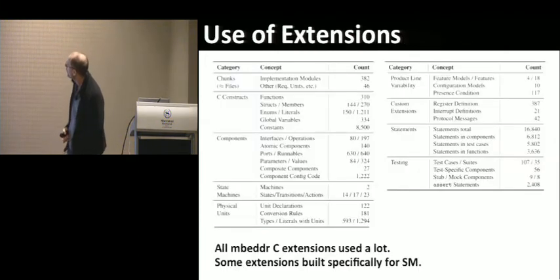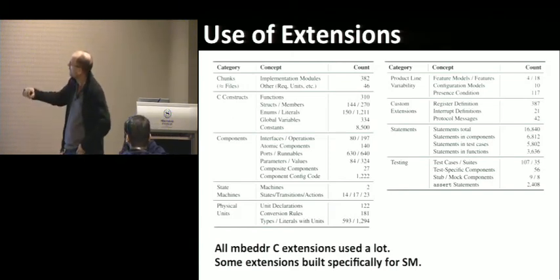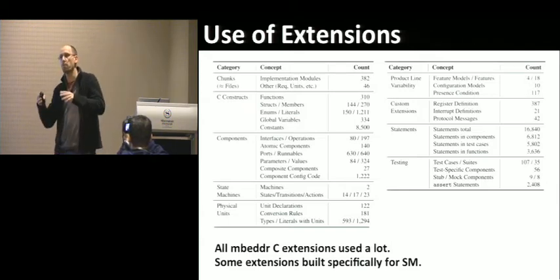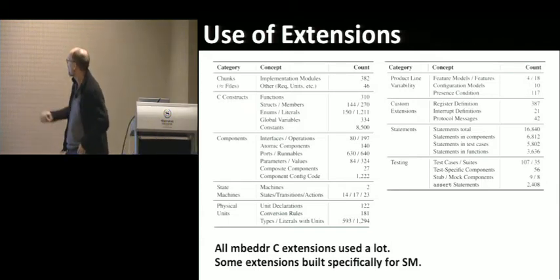And here you can perhaps read, probably not, a few numbers regarding the kinds of stuff we had. For example, we have 300 functions. We have 140 software components in the system. We have 107 test cases with 2,500 assert statements.